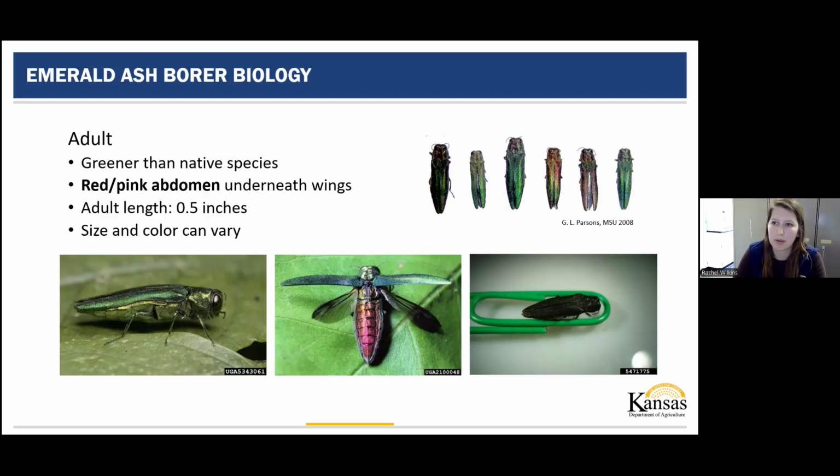The adults are about half an inch long, so a decent size. It's important to note that both their size and their color can vary among individuals, and you can see that in the photo at the top right.